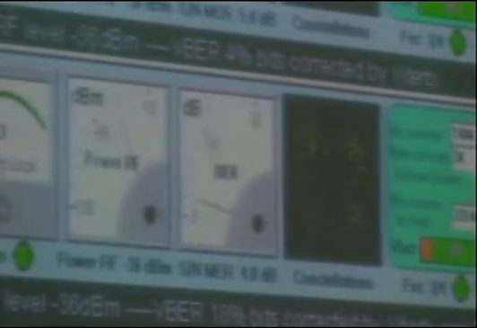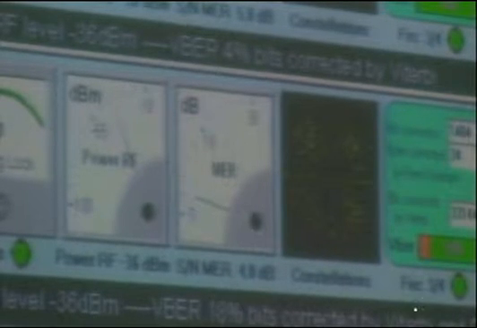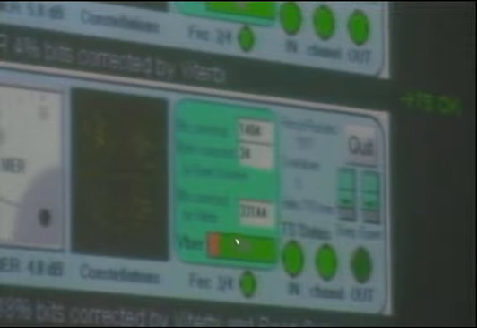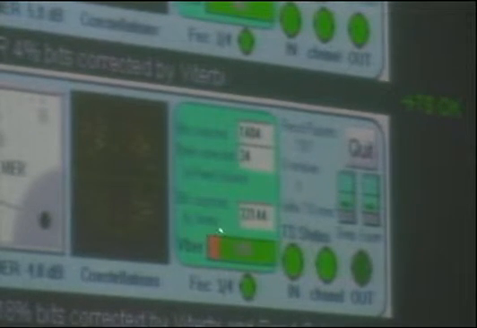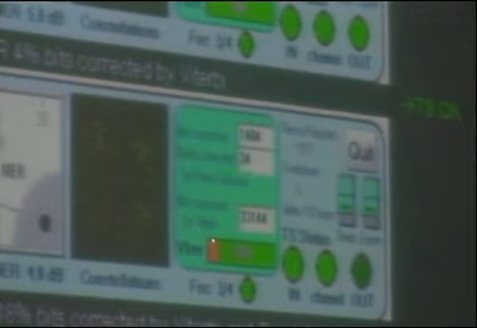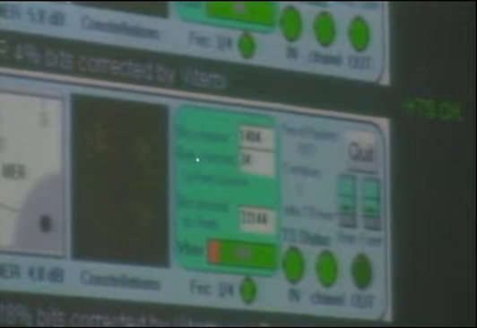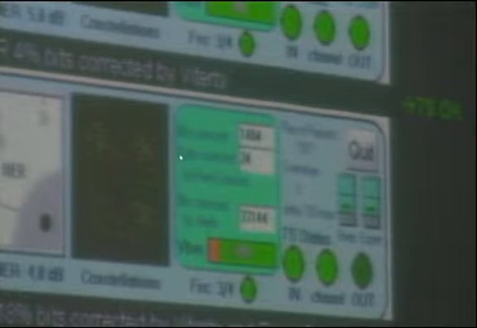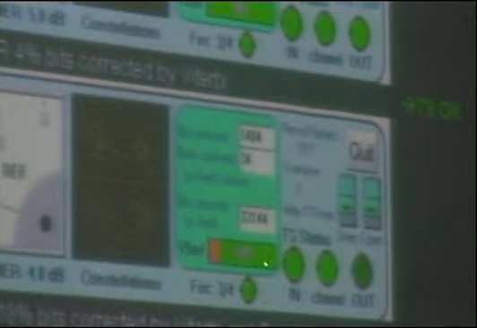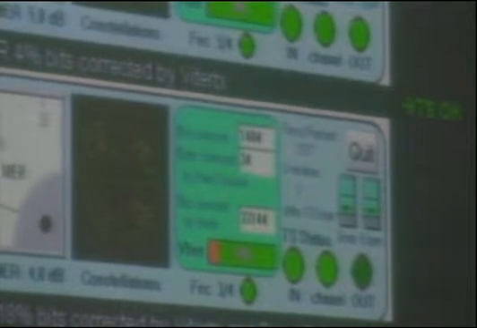Here, the MER is 4 dB only, constellation. And you will see BER 18% error. Not only is the Viterbi decoder working, but the Reed-Solomon is now working. But TS status is always good.